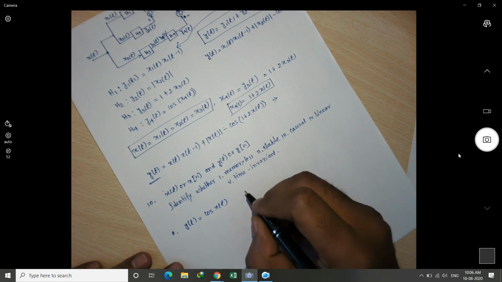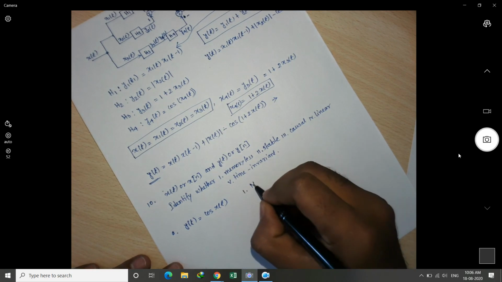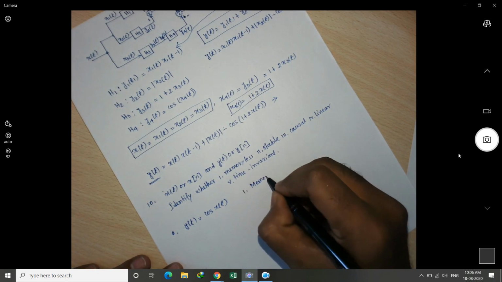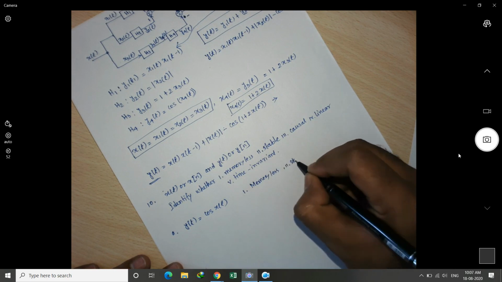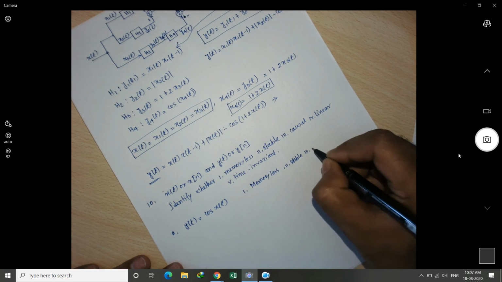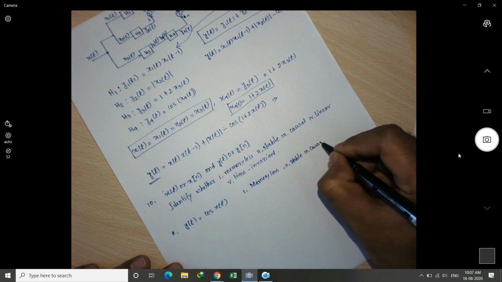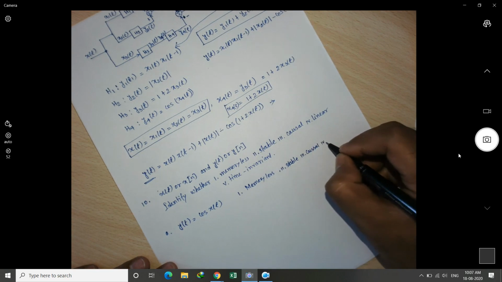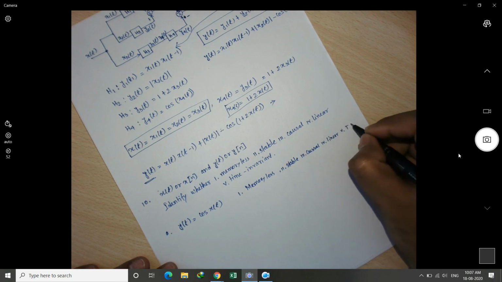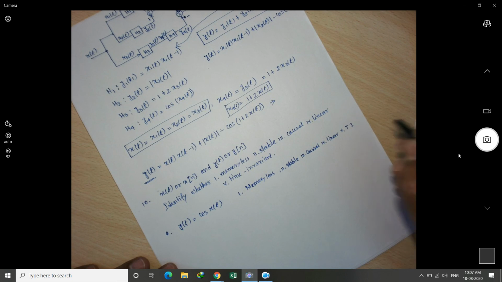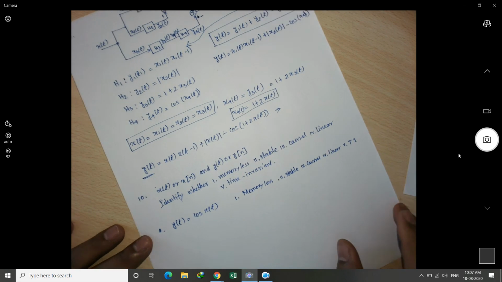First one should be memoryless, second one is stable, third one is causal, fourth one is linear, and fifth one is time invariant. I'm just writing as TI. So is it memoryless? y(t) is equal to cos of x(t).